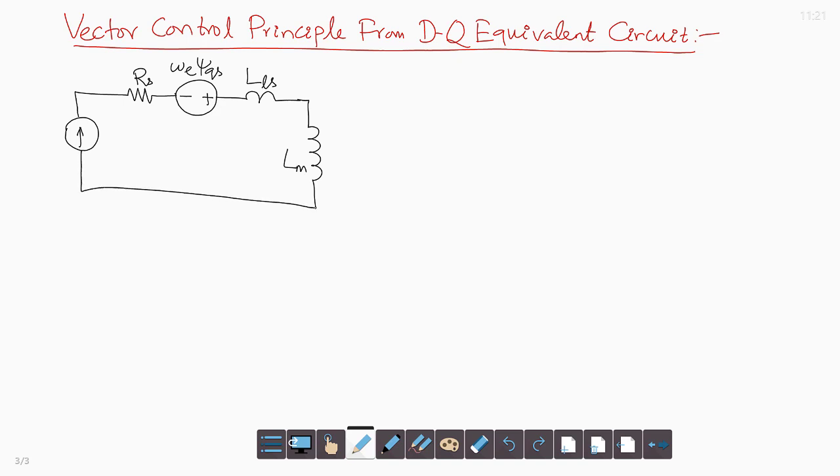This is the stator side and this voltage is Vds applied to stator, and in the rotor branch we have rotor leakage inductance LLR, then the rotational EMF omega SL into psi QR, and the rotor resistance RR, rotor branch.